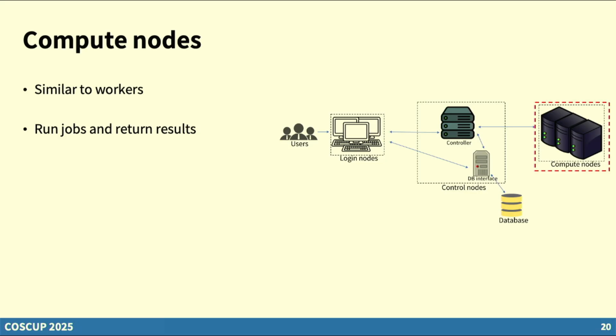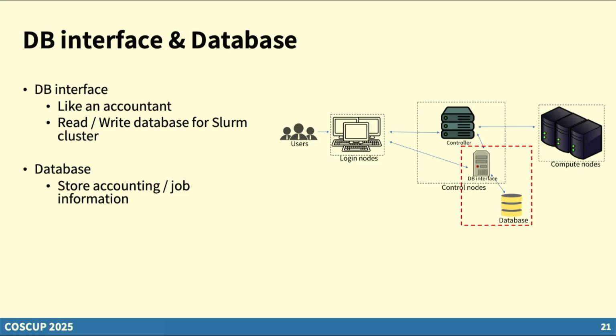The next one is compute nodes. It's similar to a worker: it just accepts the request from the controller, runs it, and returns results. The next one is the DB interface and database. The DB interface is like a clerk, because it helps the whole Slurm cluster to read and write the database.